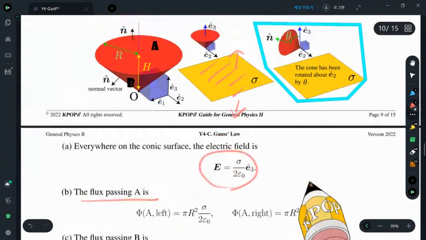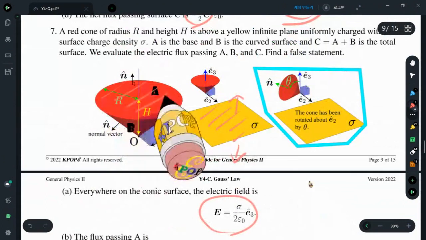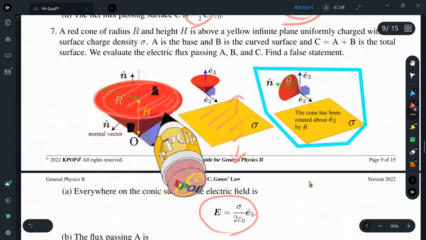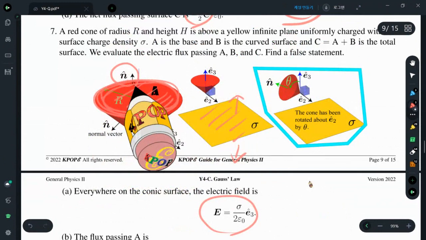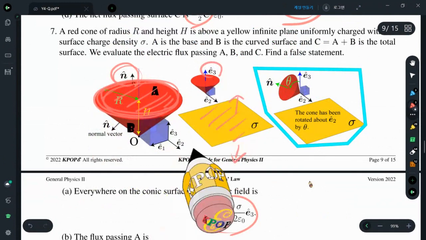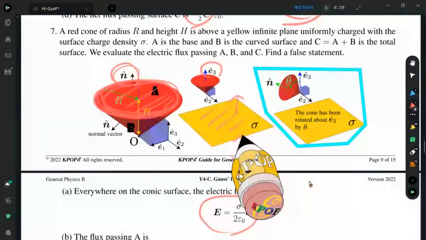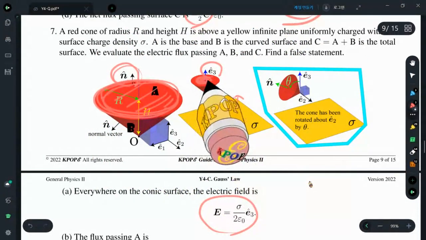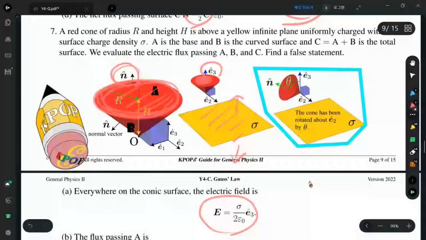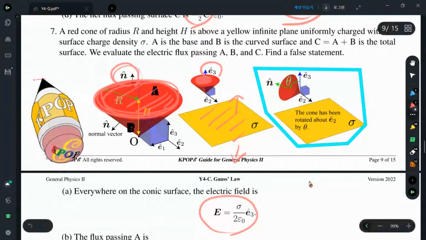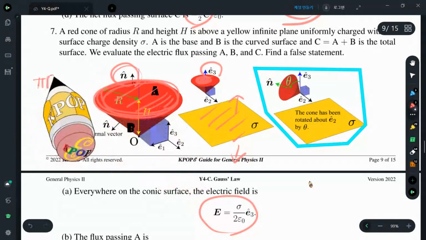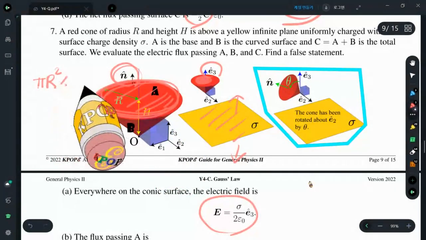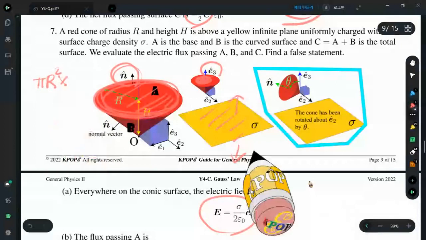Flux passing A. This is A. This is N. If N is parallel to E, in that case, this surface has the flux pi r squared multiplied by the electric field.